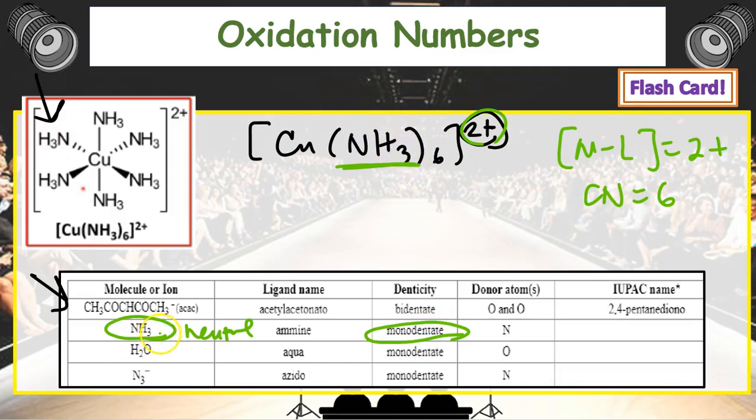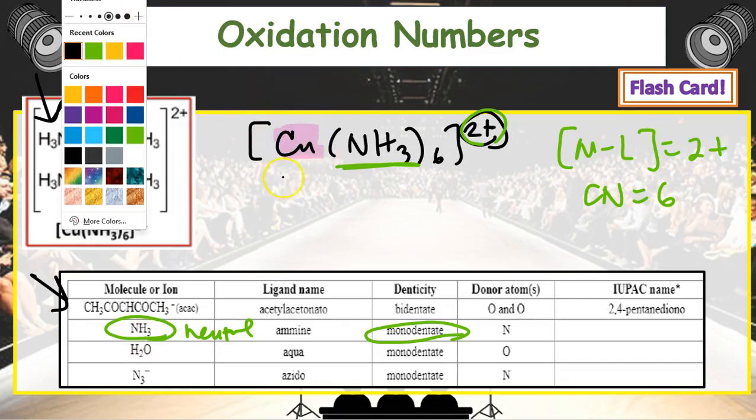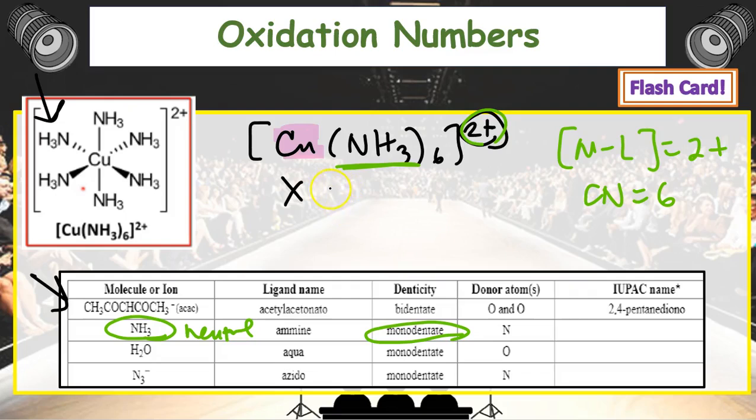We can also use the neutrality or charge of this NH3 to help us solve for what we're looking for. We're basically trying to solve for this copper here. So we're going to set copper equal to X, and then we're going to add it to our NH3 ligands, okay? There's 6 of them. They each have a charge of 0 because they're neutral. And this entire thing, as we said before, is going to equal the charge of the entire complex.